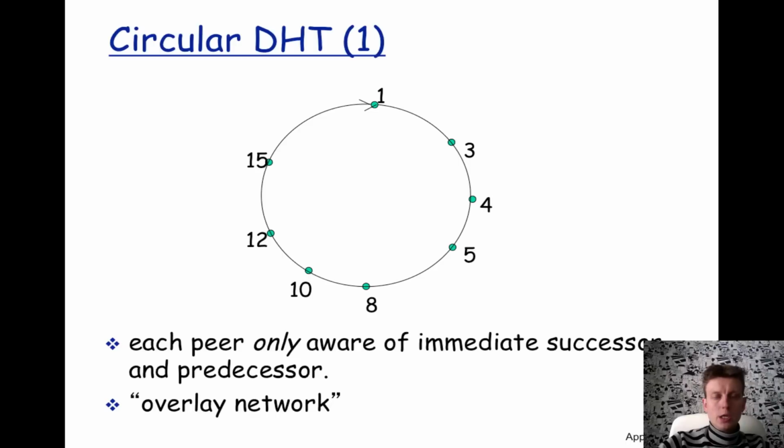So DHT, distributed hash tables, implement a circular topology where the nodes are arranged in the order of increasing identifier, and the peer with the highest identifier references the peer with the lowest identifier. So by this the circle is completed. We will call this topology an overlay network.